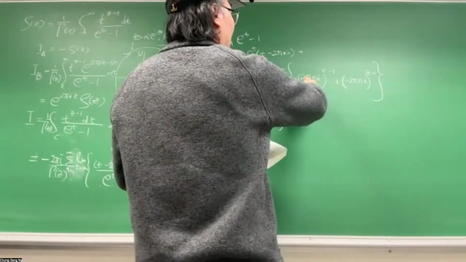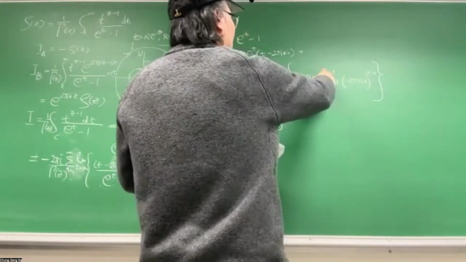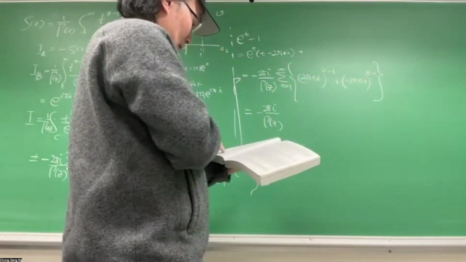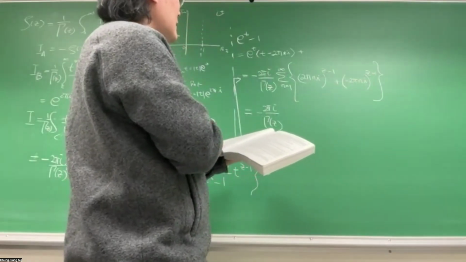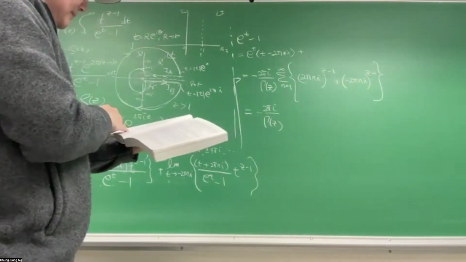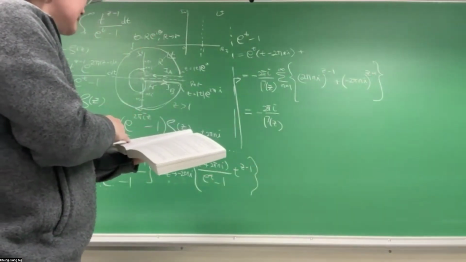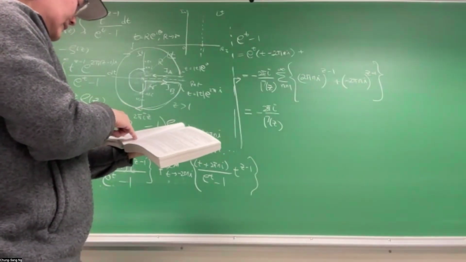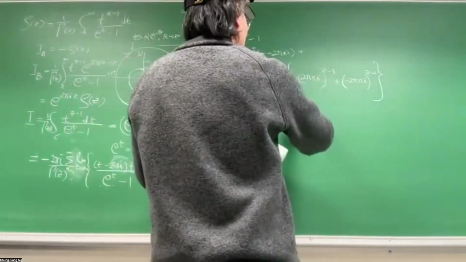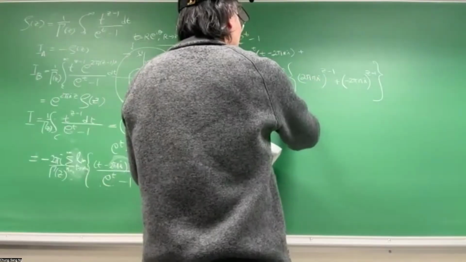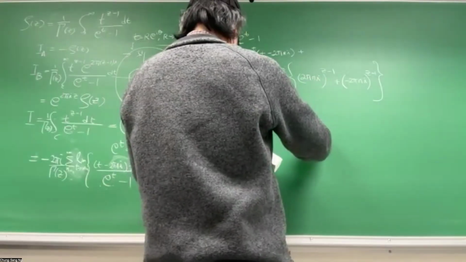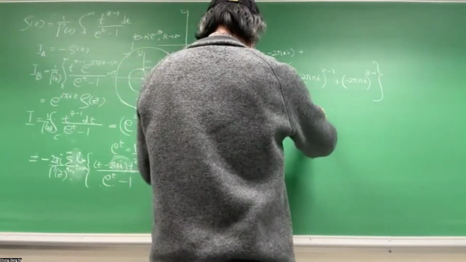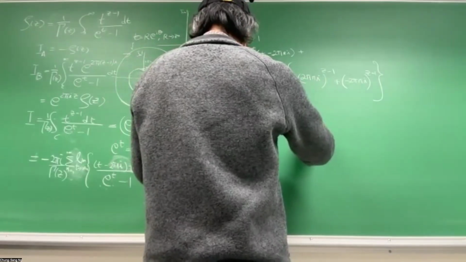And then because you have a 2 pi to the z power, z minus 1 power, you pull out 2 pi to the z minus 1 power, right? And you get that and sum over n.